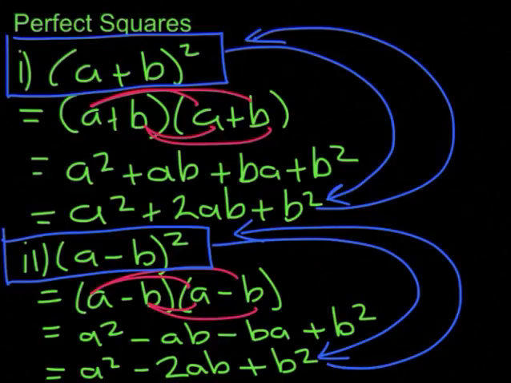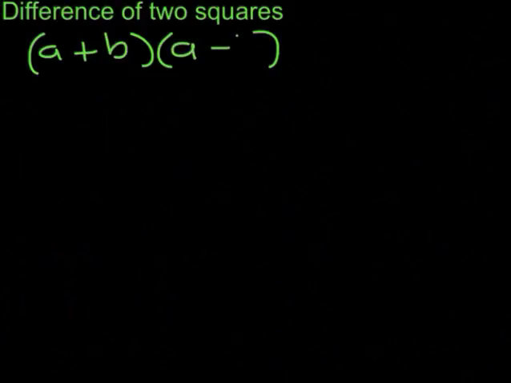The last thing we need to look at is a difference of two squares. A general example would be something like this, where we've got two sets of brackets, and in the first set we would have a plus b, and in the second set we would have a minus b.